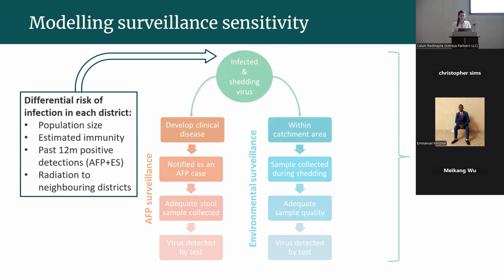So combining this differential risk with our individual level probabilities of passing through the surveillance system, we can estimate a measure of surveillance sensitivity across the country as a whole. So the probability that the entire surveillance system across the country would yield a positive observation, given that infection was present in any district.